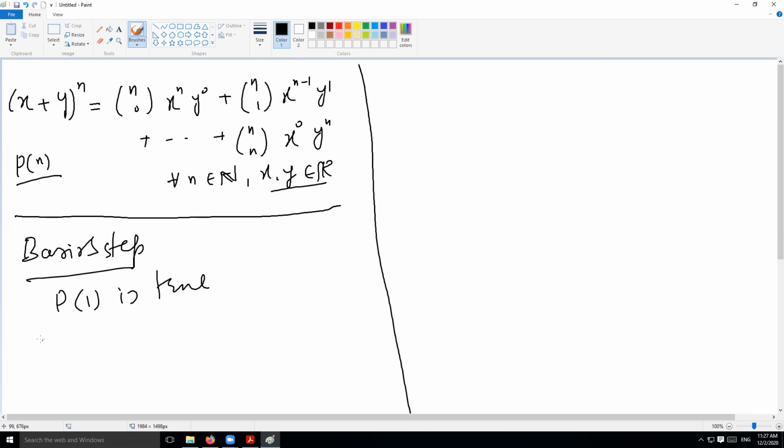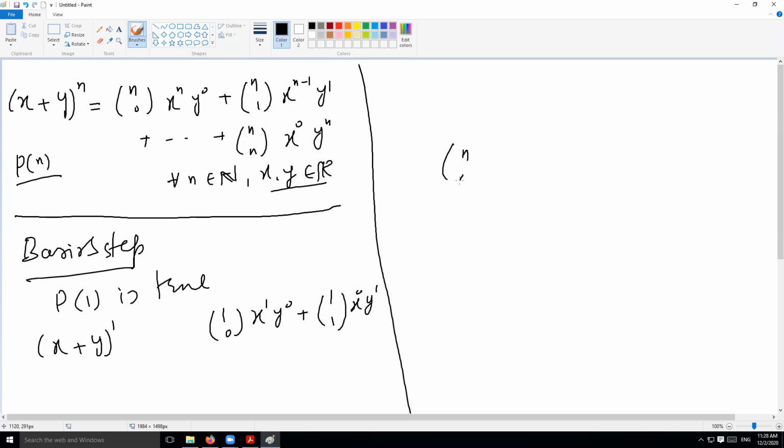What do I mean by that? If I take (x plus y) power 1 on one side, and on the other side I take 1 choose 0, x power 1, y power 0, plus 1 choose 1, x power 0, y power 1. Both statements are the same. What is 1 choose 0?